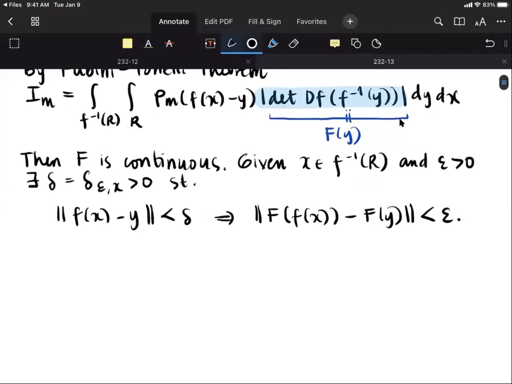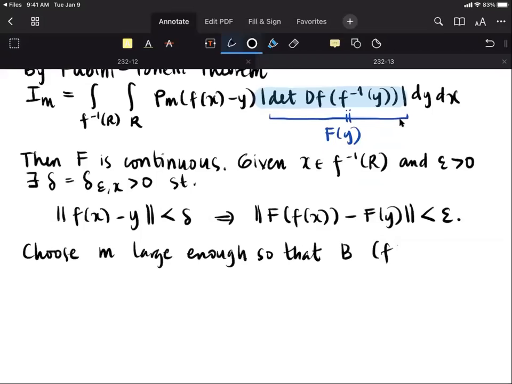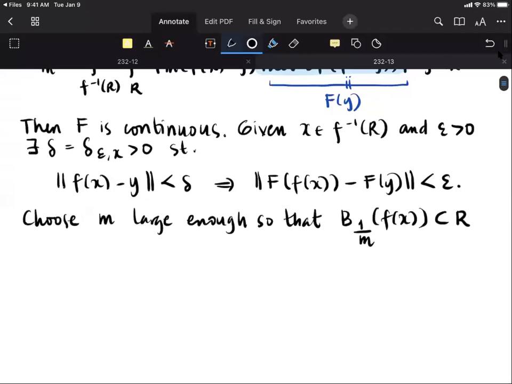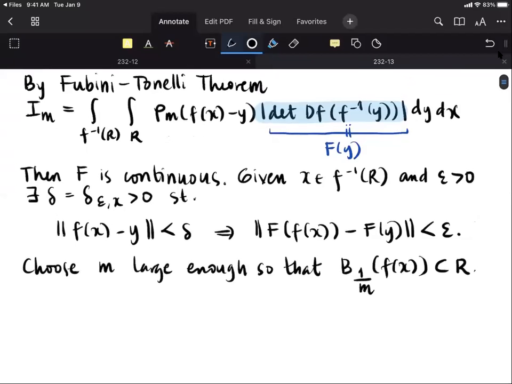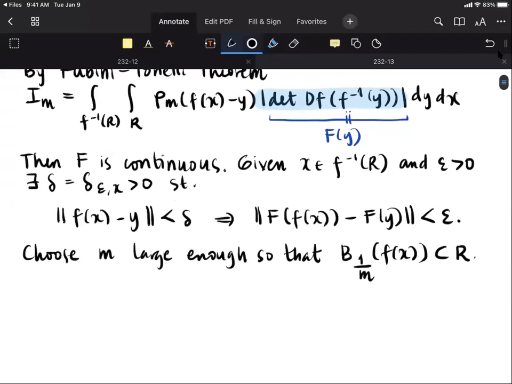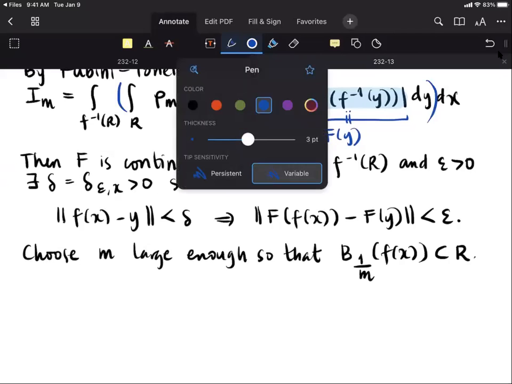Now we choose the integer m large enough so that the ball centered at f of x with radius 1 over m is a subset of R. In this way, we can write the inner integral, namely this one, as follows.